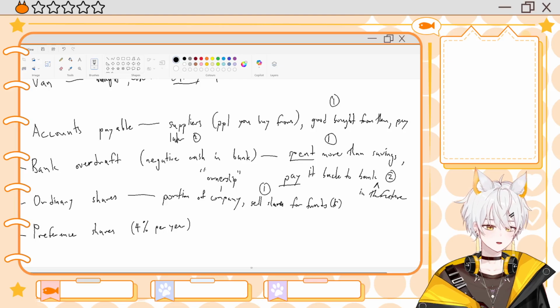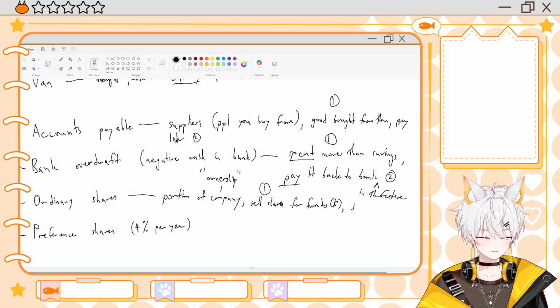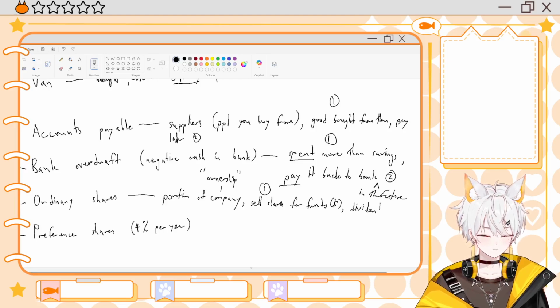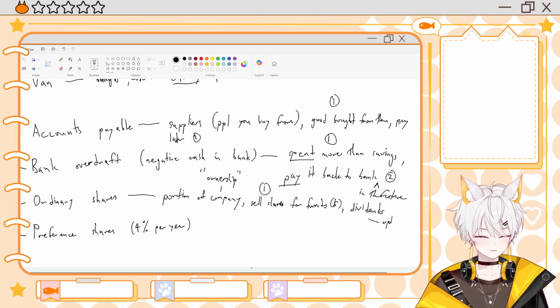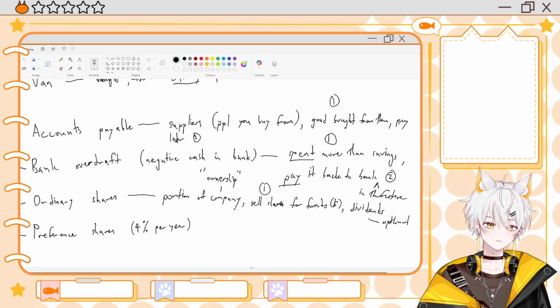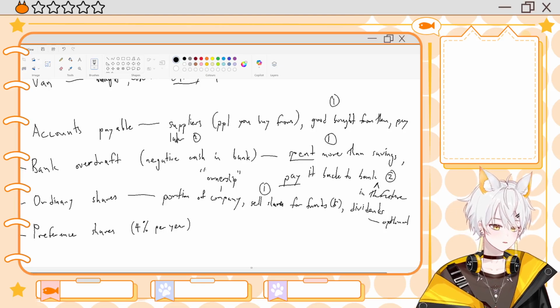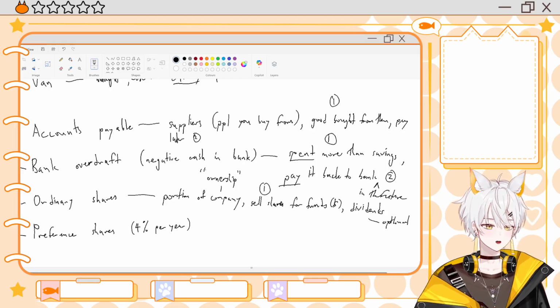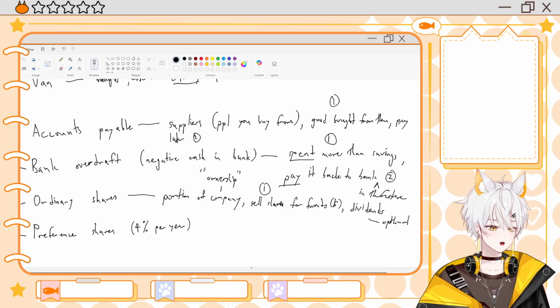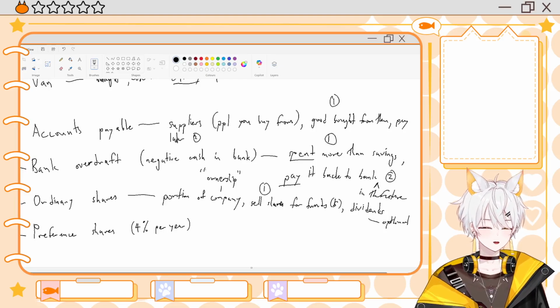In this case, the company doesn't have to pay anything. Sure, they pay dividends, if you know, you know. But this dividend is optional. So it fails criteria 2 because you can pay it anytime you want. If the company is not doing well, they really cannot afford to pay dividends, and they won't.